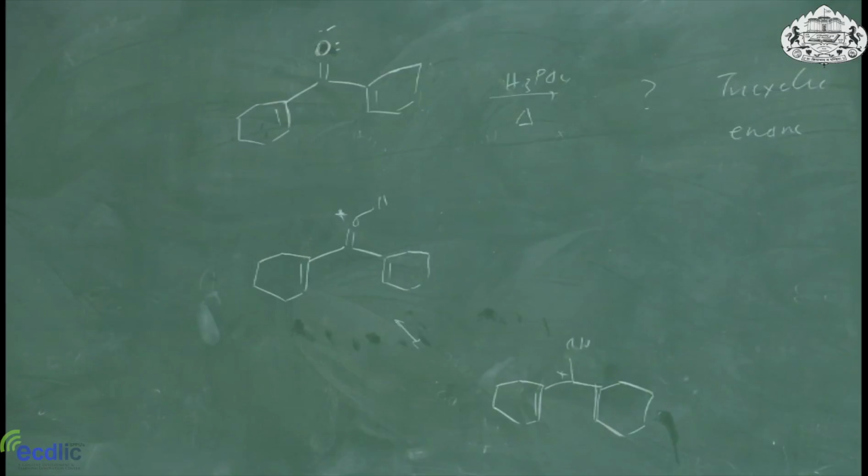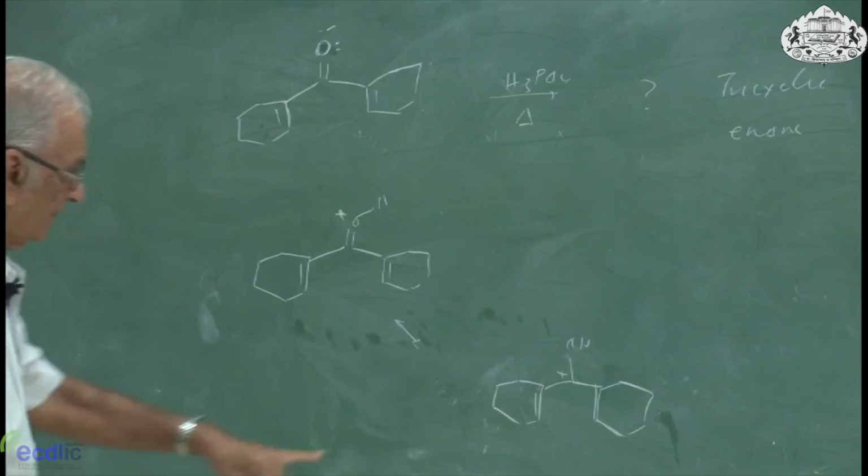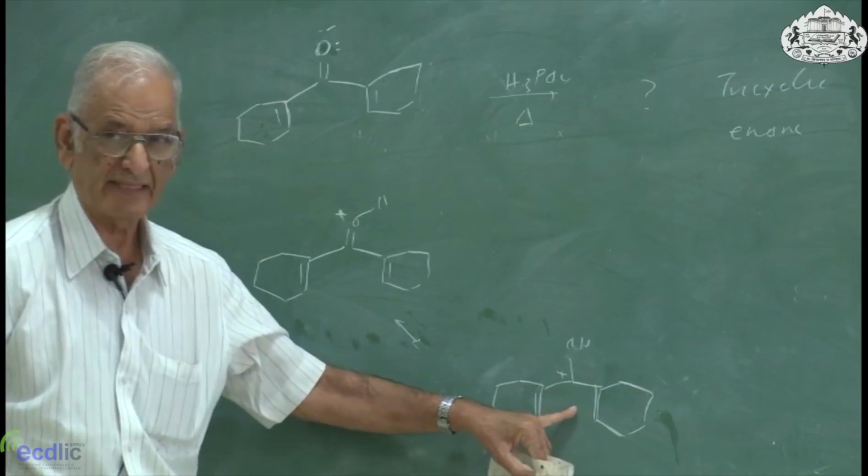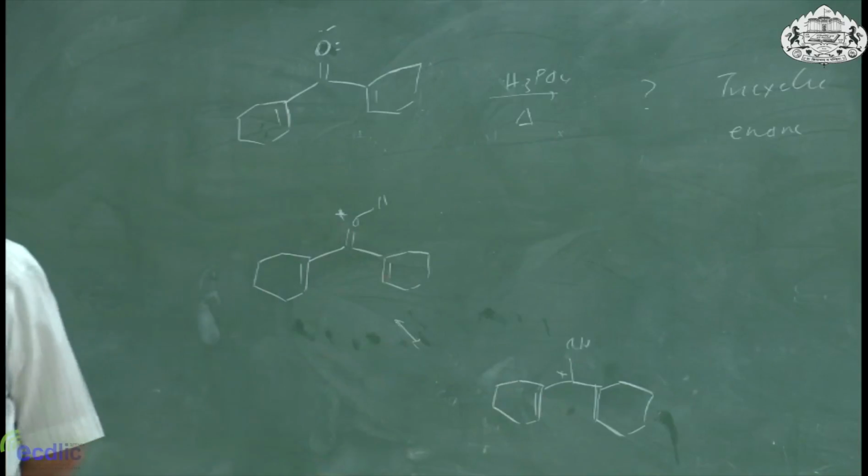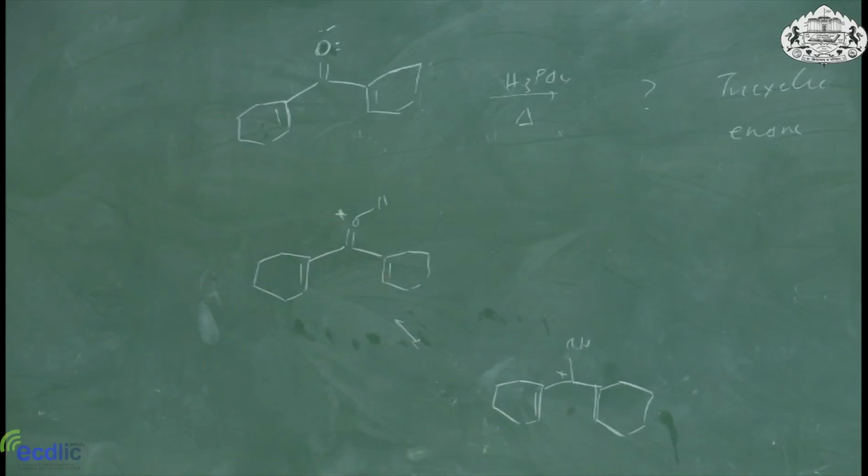The immediate reaction is that carbon plus is better than oxygen plus, because oxygen is more electronegative than carbon. But when I look at this structure, this has only 6 electrons. Here all atoms have complete octets. So, this resonance structure is much better than that resonance structure.